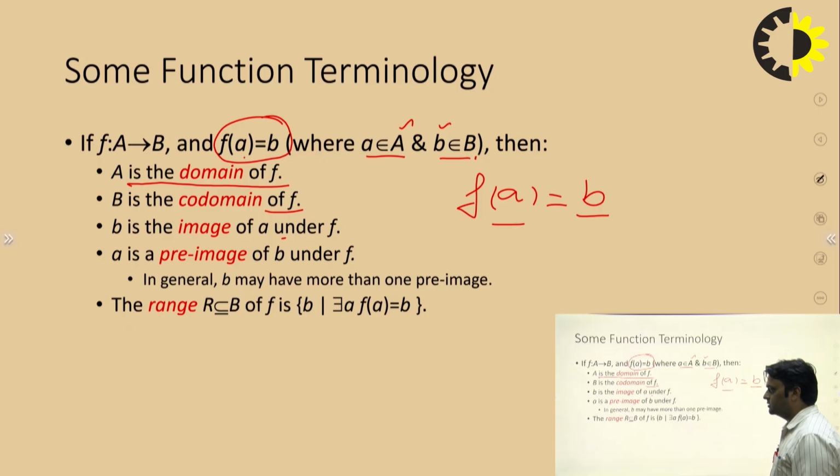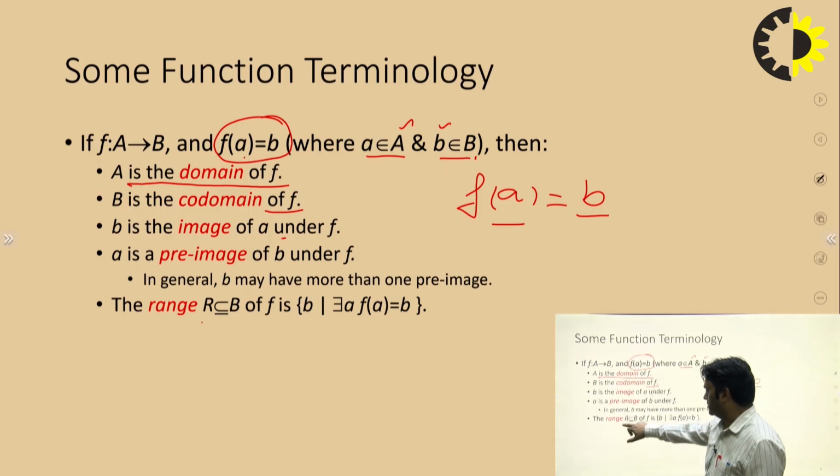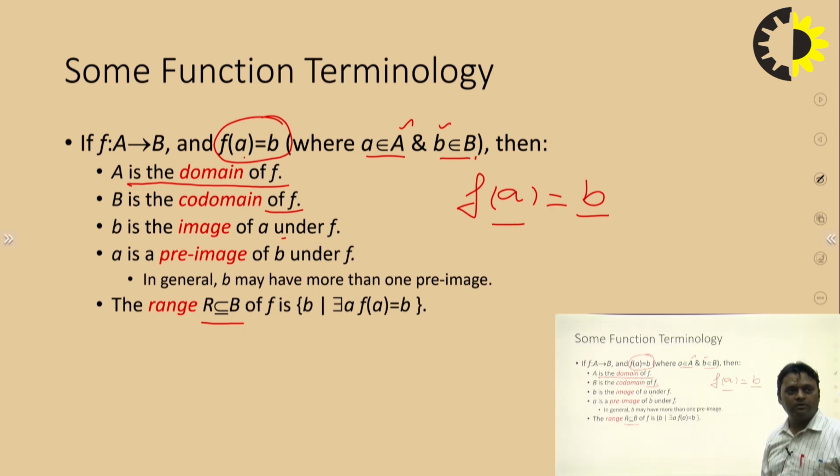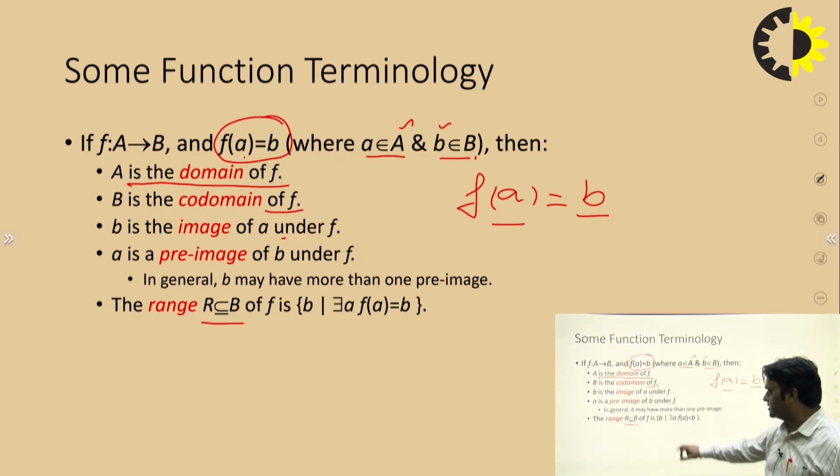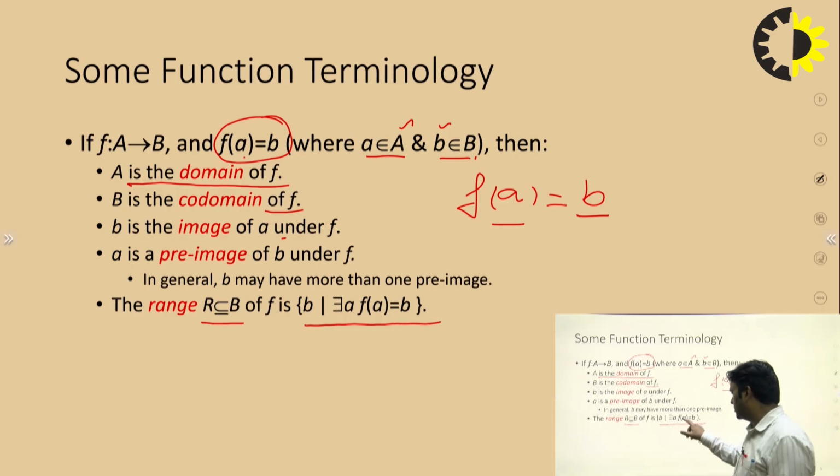The range R of f is the subset of B such that for some a, f(a) equal to b.